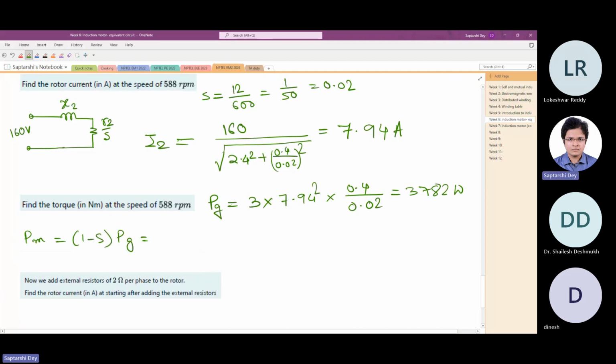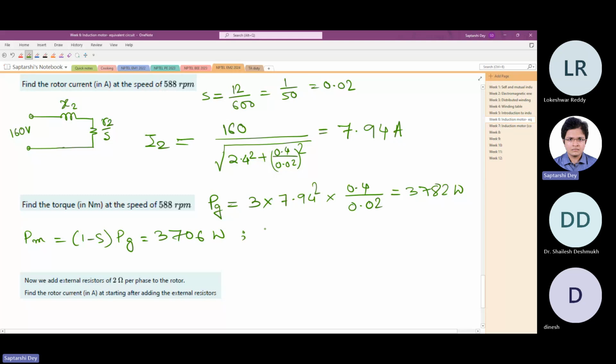So this times 0.98, 1 minus S being 0.98, that is 3706 watt.